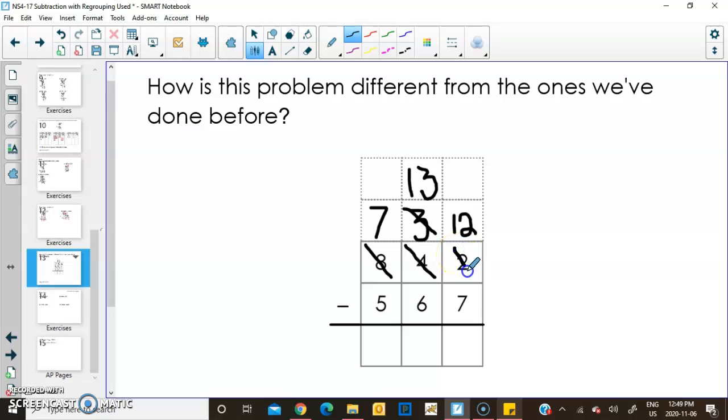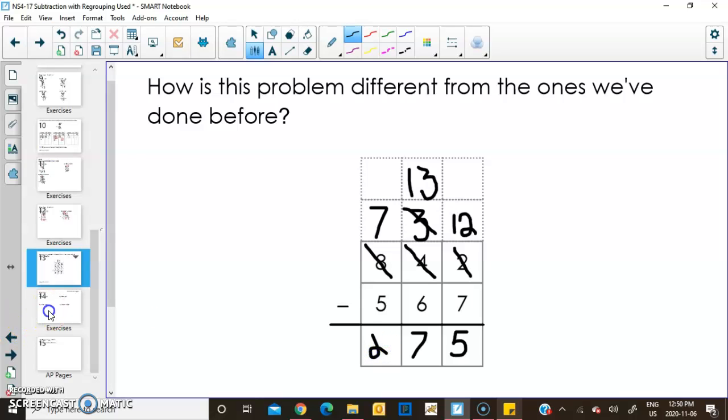Oops, Miss Hollinger forgot to do something. I forgot to cross out the 2. 12 minus 7 equals 5. Very good. 13 minus 6 equals 7. And 7 minus 5 equals 2.